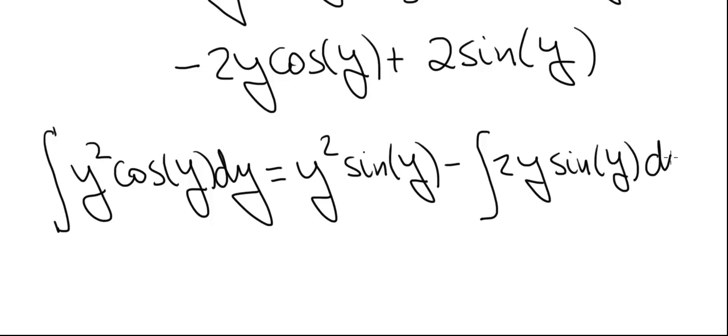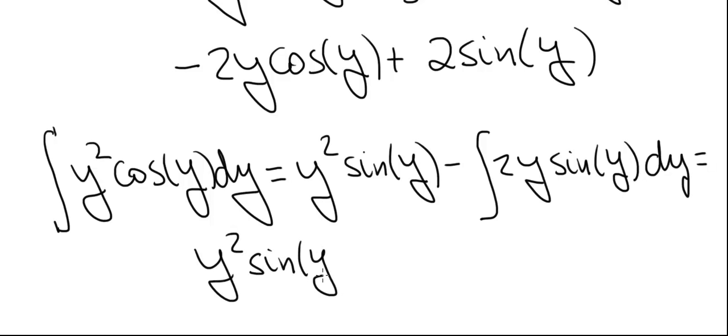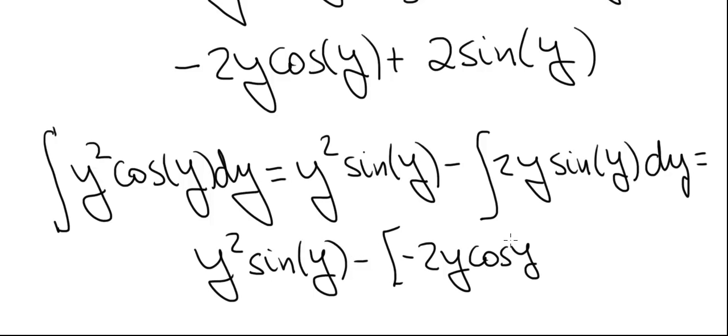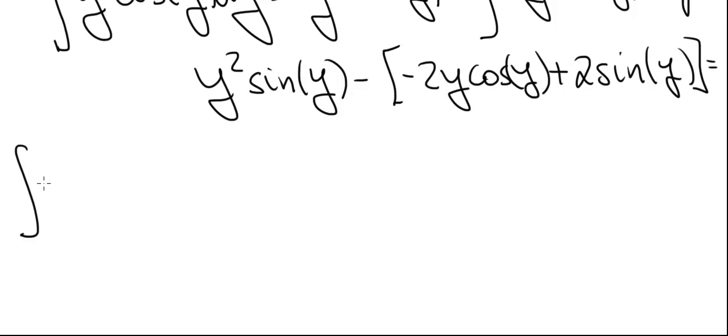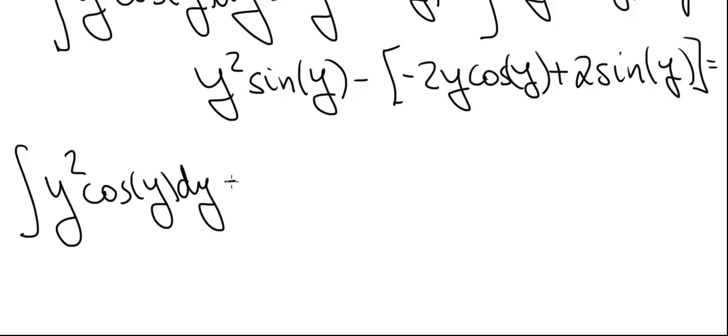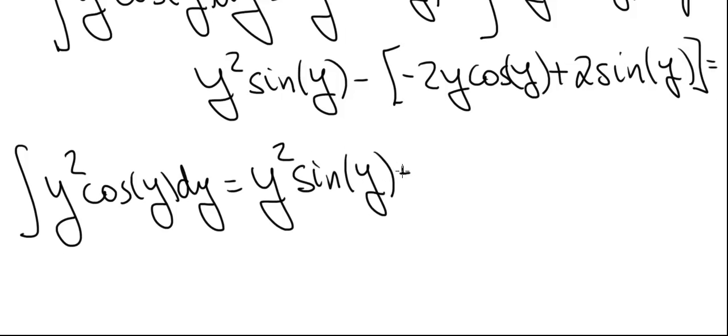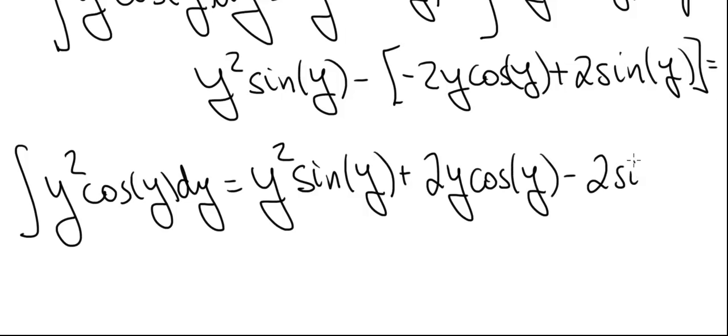And we just evaluated this integral, so this is equal to y squared sine of y minus the quantity minus 2y cosine y plus 2 times sine of y. And let's distribute that. In fact, let's write out the whole integral. The integral of y squared cosine of y dy is equal to y squared sine of y plus 2y cosine of y minus 2 times the sine of y.